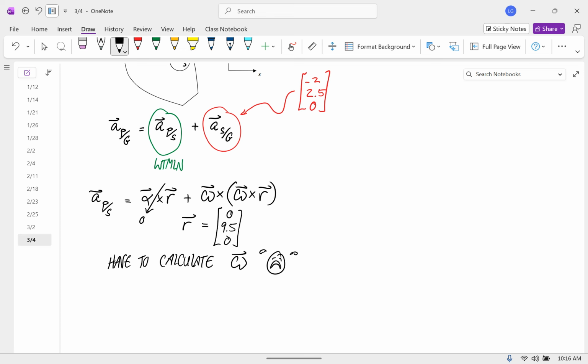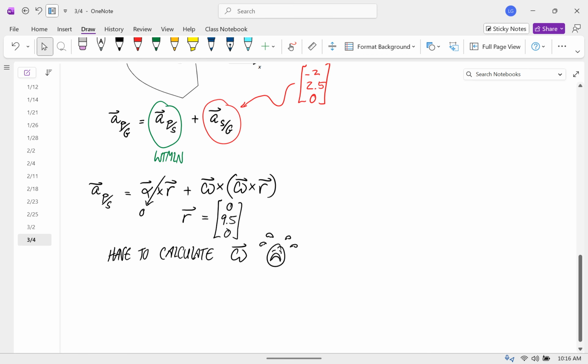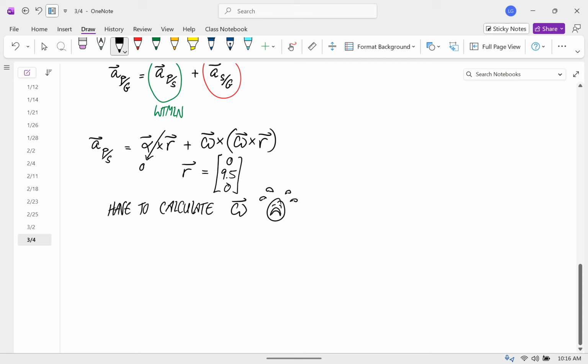So you can take a minute to be with your thoughts, but now here's what's going on. We have a circular motion with a passenger that's not moving relative to the center of this circular motion.